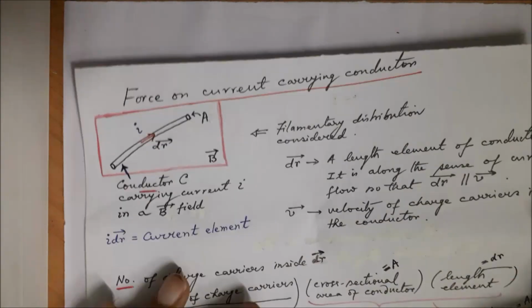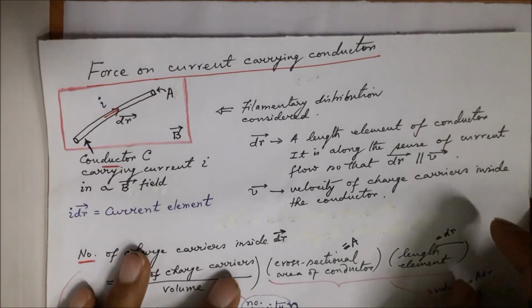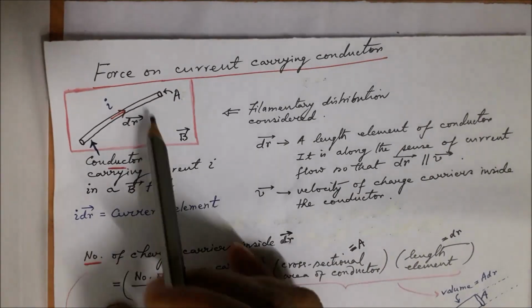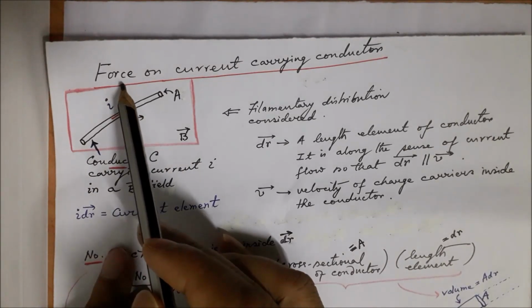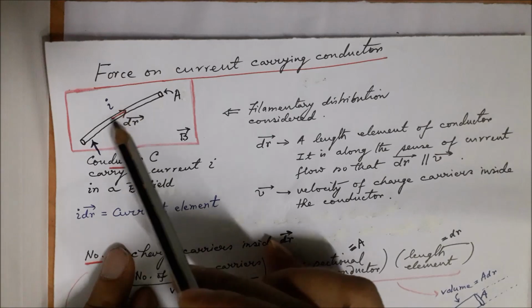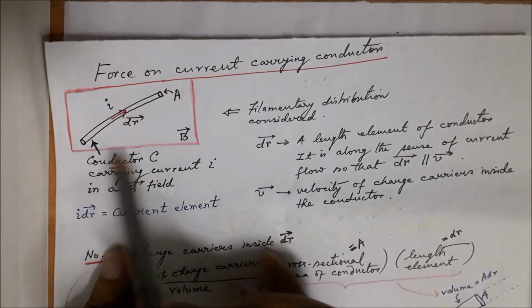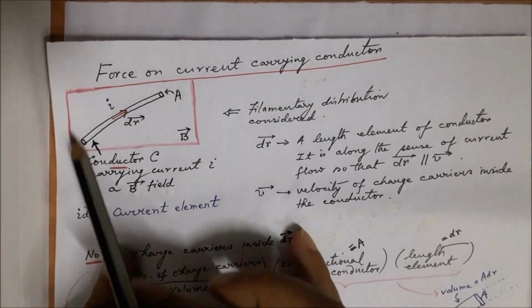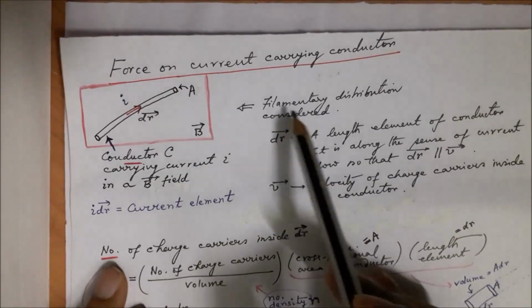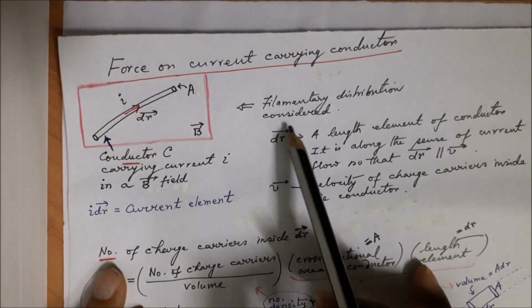Next, let us discuss the force which a current element experiences when it is placed in a magnetic field. So let us consider a filamentary distribution of current.